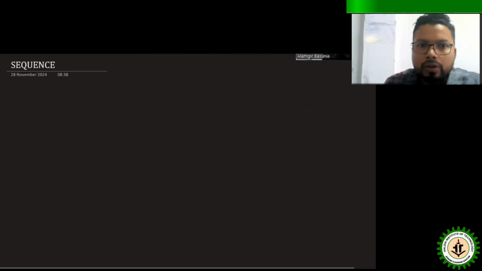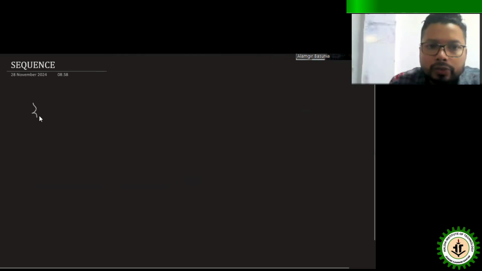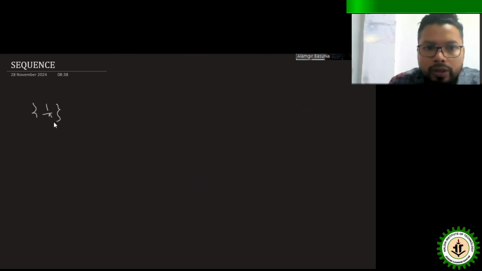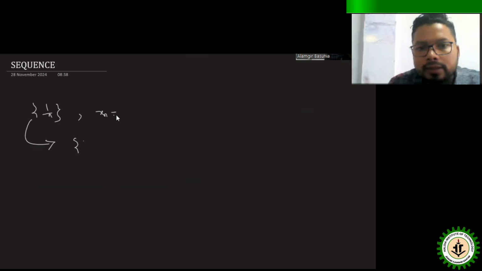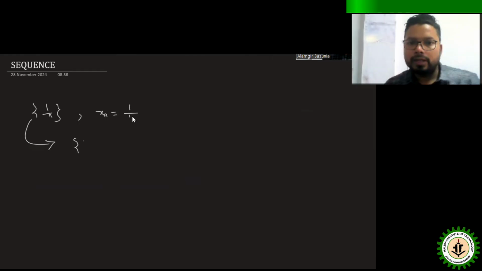Now here you can see the sequence 1 by n. If we write all the elements of the sequence, the nth term is denoted by xn equal to 1 by n.